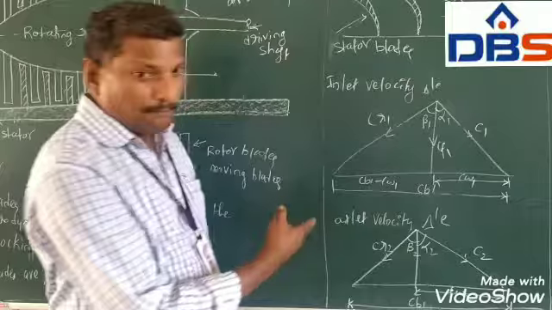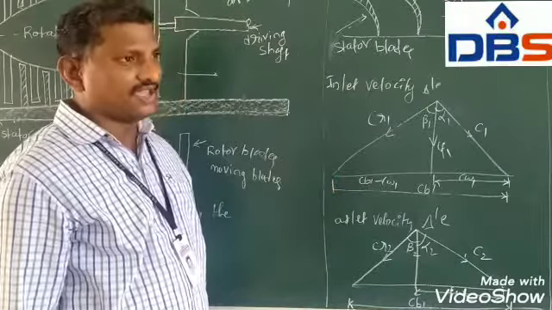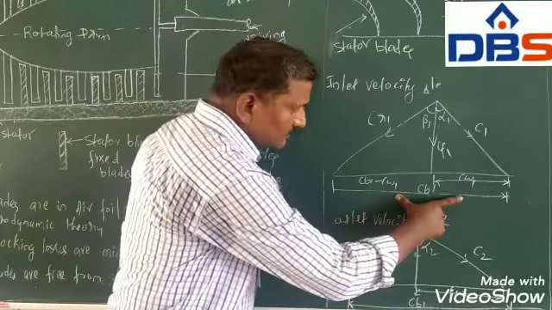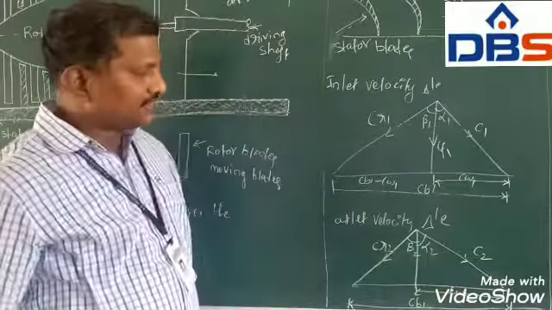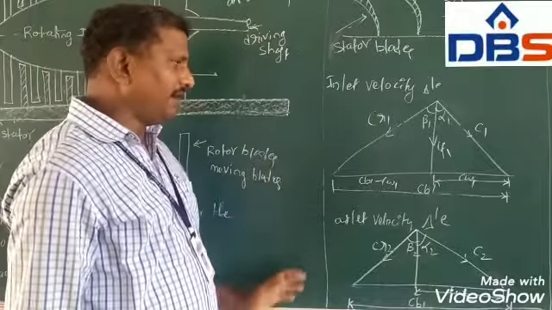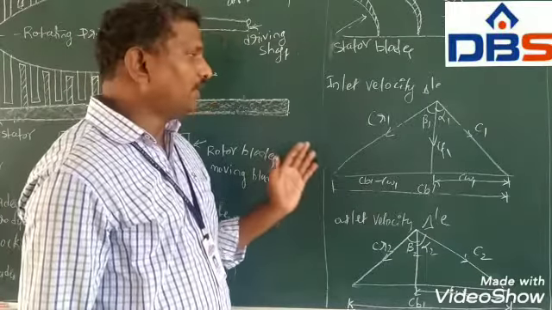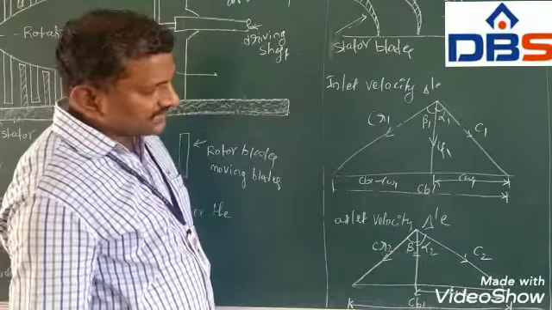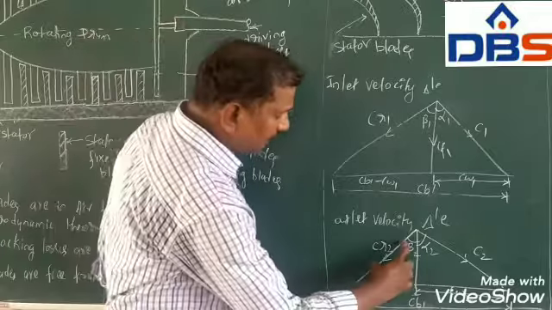If you observe these two velocity triangles, you will get two points. What are they? Blade speed is the same in both cases, because the outer radius of the blades is the same. And another thing: you observe the relative velocity.